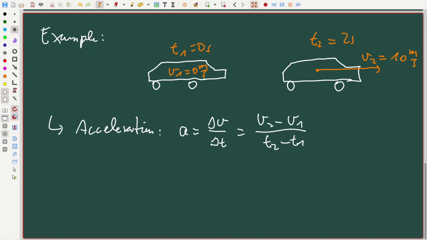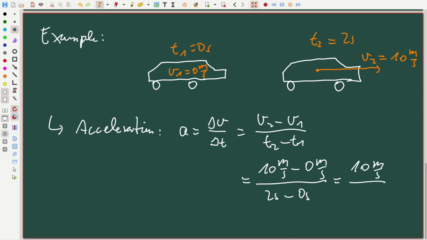And then we can just insert our values. v2 we said is 10 meter per second, v1 is 0 meter per second, and here we write 2 seconds for t2 minus 0 seconds for t1. This leads to 10 meter per second divided by 2 seconds, and this is easy to calculate. It would lead to 5 meter per square second.